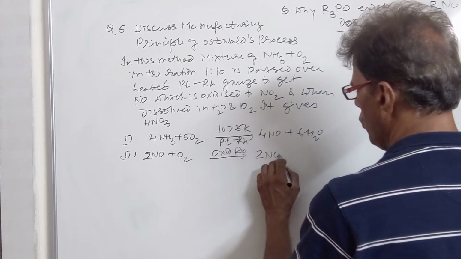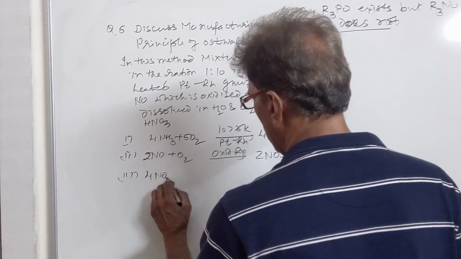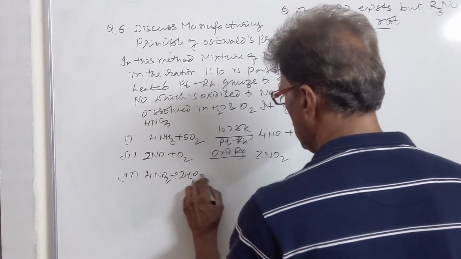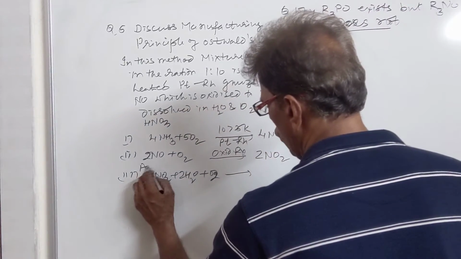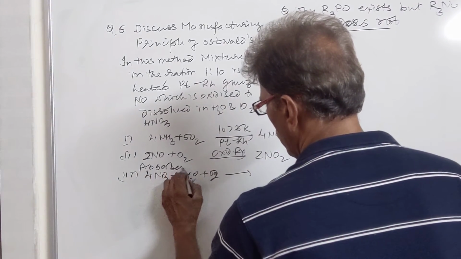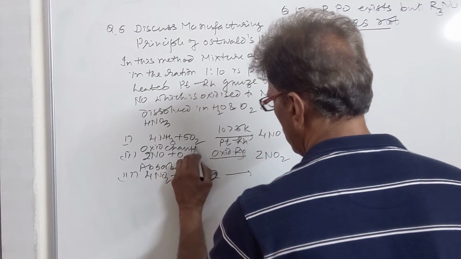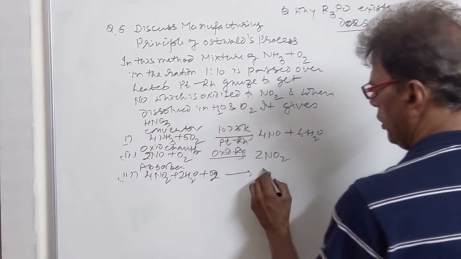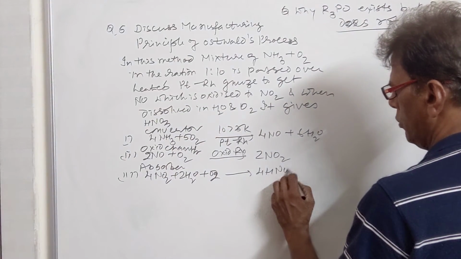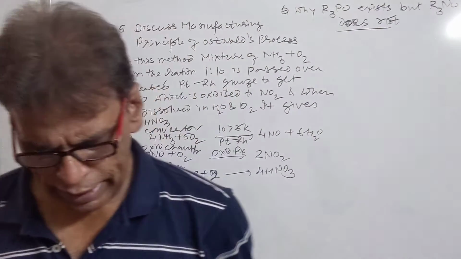It will give you 2NO2, and NO2 when dissolved in water in the presence of oxygen, this reaction happens in the absorber. This reaction happens in the oxidation chamber. This reaction happens in the converter. It will produce 4HNO3. So this is the Ostwald process of preparing nitric acid.